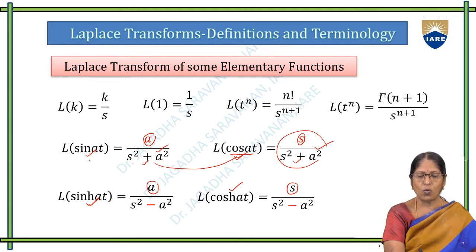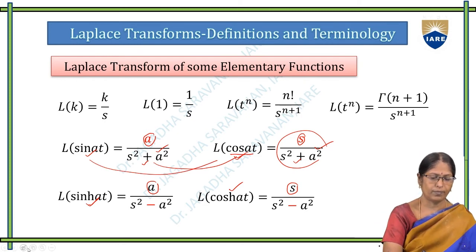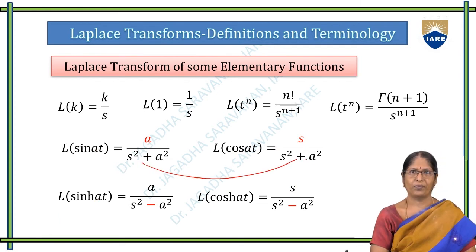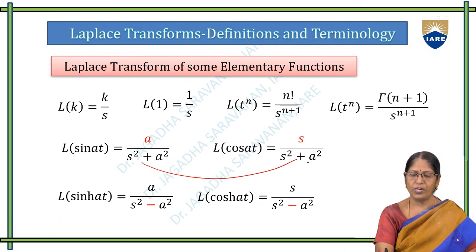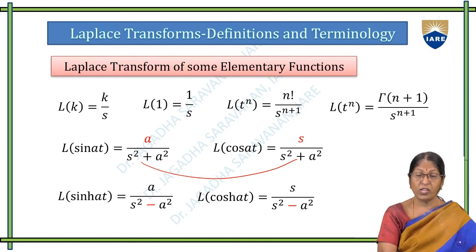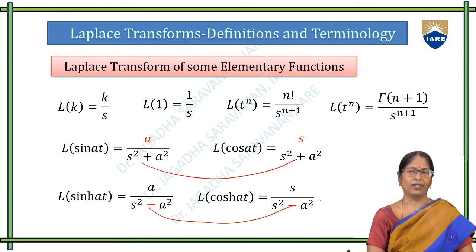Sin, that is without h, the denominator between the terms has a positive sign. But if h is there, between the terms there is a negative sign.